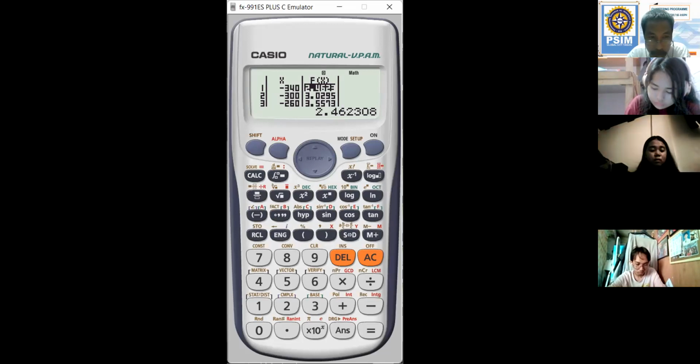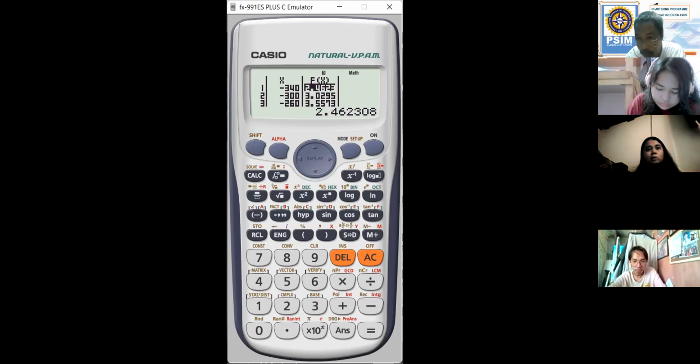The prediction on the table is 2.46 and our prediction is 2.4623. That is equal, because we are using 5 significant digits. Next is 300. Our prediction here is 3.0295, which is equal to the textbook's answer of 3.03.